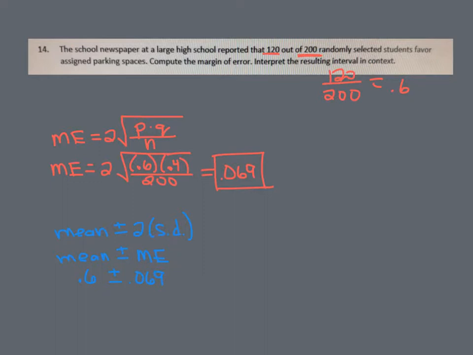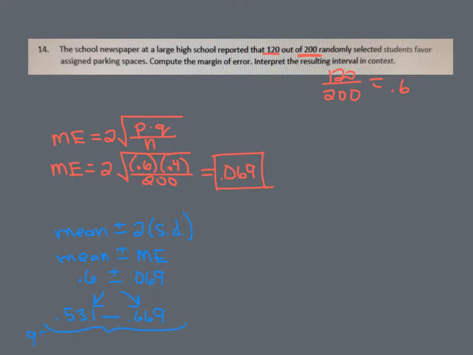So if we want to find our 95% confidence interval, 0.6 minus 0.069 is 0.531, and 0.6 plus 0.069 is 0.669.